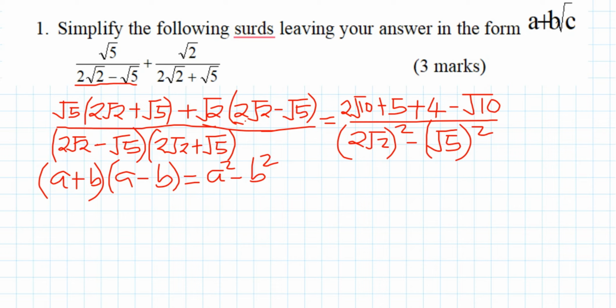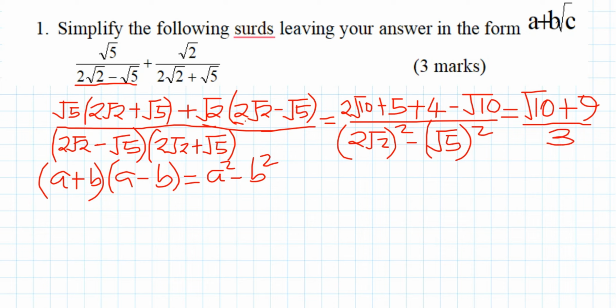And so here when we work out, we put the like terms together in the numerator. 2 root 10, we take away root 10, it's going to give us 1 root 10. And then we go to 5 plus 4, so that gives us a 9. And then all these we divide by 2 root 2 squared, which gives us 8, and root 5 squared, which gives us 5. So 8 minus 5 is going to give us 3.